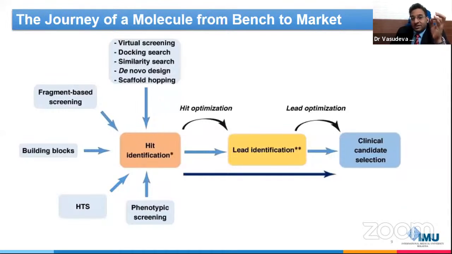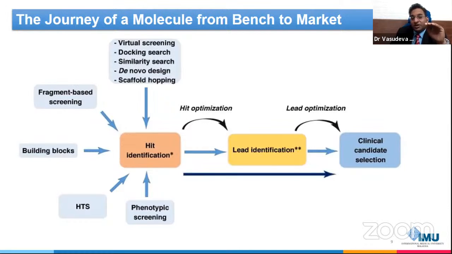In the title, you could see bench to market. So what is the actual meaning of bench to market? Before a molecule reaches the market as a potential drug molecule, it will be termed by different names. Initially, it is just a chemical. Once it is subjected to a biological assay and identified as a potential active compound, the moment it has some bioactivity, the compound is identified as a hit molecule.